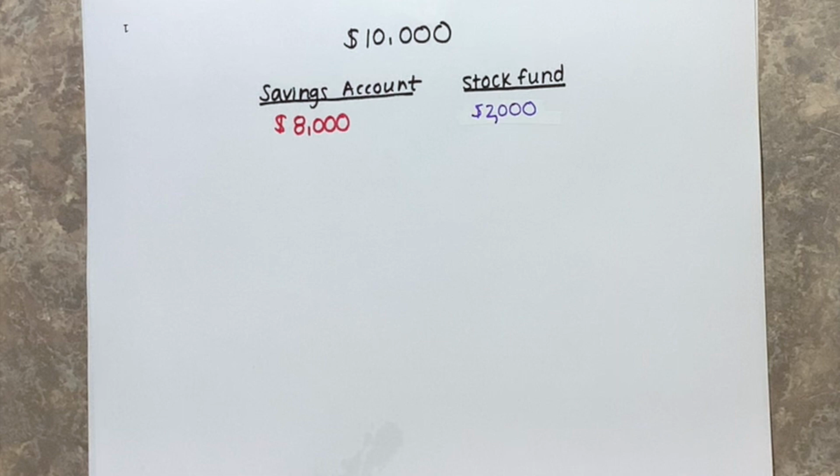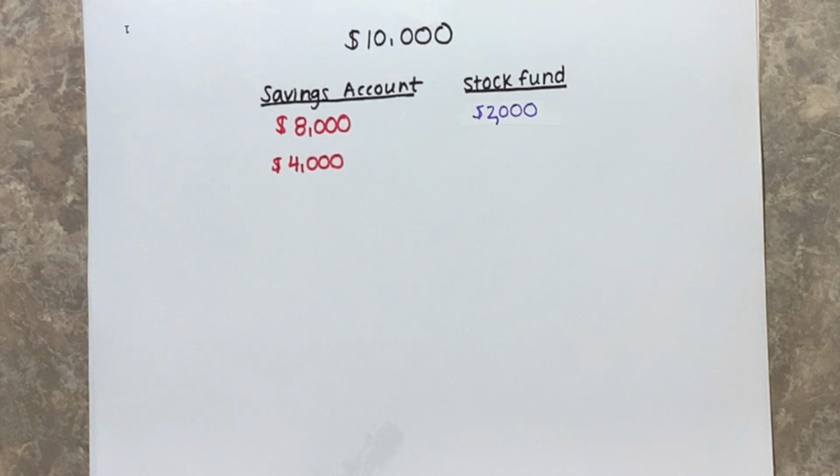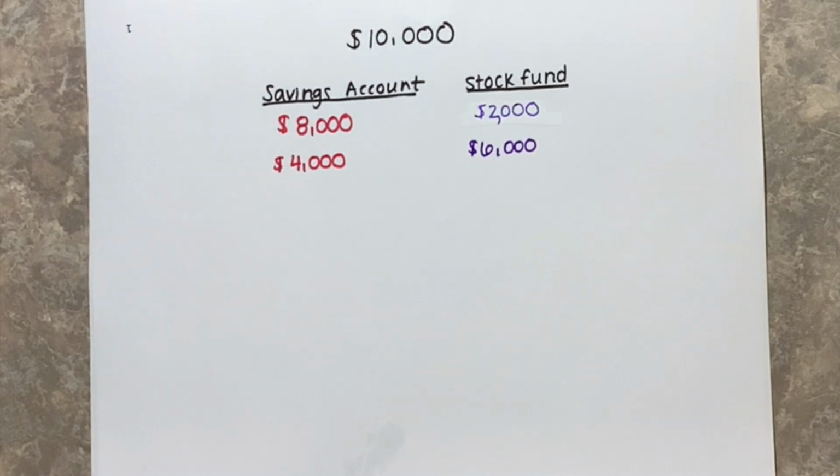Okay, now let's pretend instead that Max invested $4,000 in the savings account. How much of the $10,000 would be left over to invest in the stock fund? $6,000. If Max, for example, invested $3,000 in the savings account, how much of the $10,000 would be left over to invest in the stock fund? $7,000.